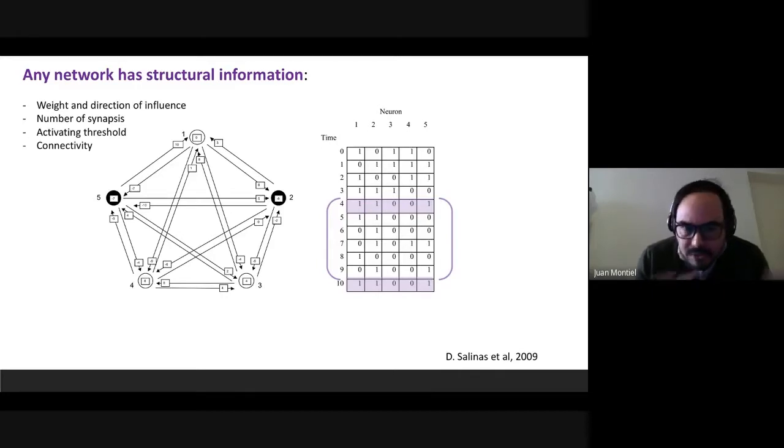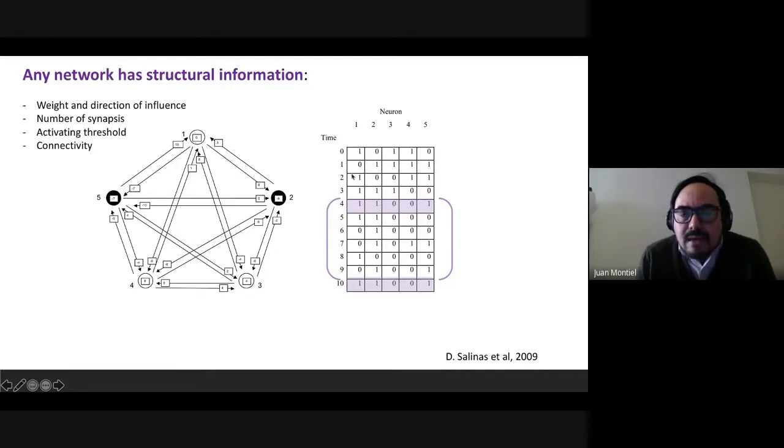And all of the students, all of the neurons, or all of the nodes, whatever you want, are updating at the same time. So it is a synchronized network.